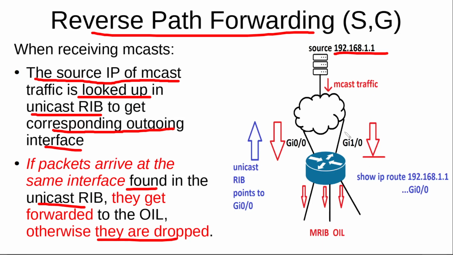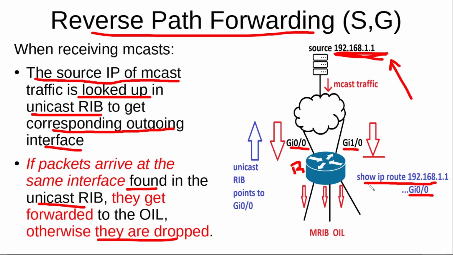So in this example, this router is receiving multicast traffic from this source through gigabit 0/0 and gigabit 1/0. So what the rule says is look that IP address up in the unicast RIB and see what is the outgoing interface to reach this IP address for unicast.